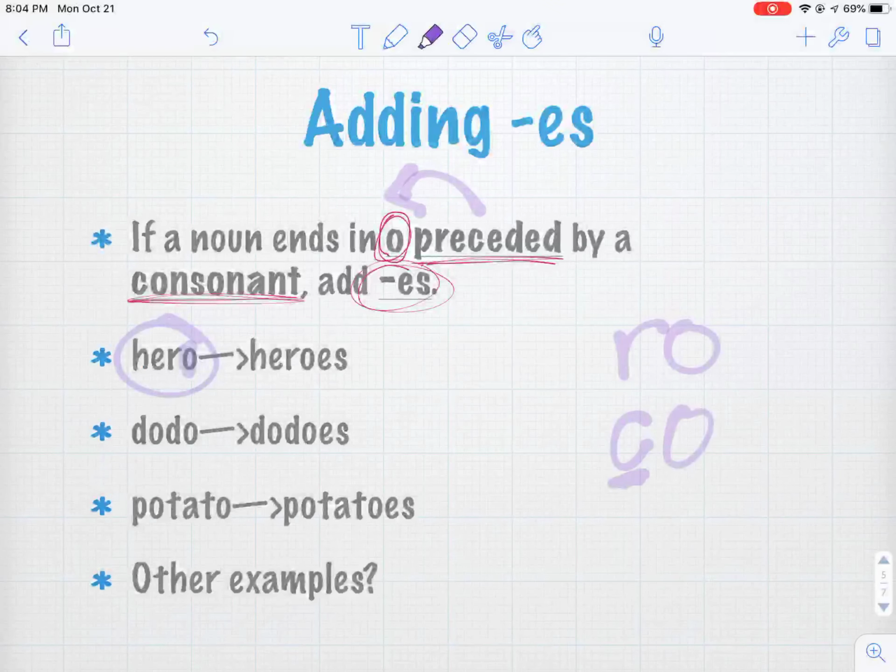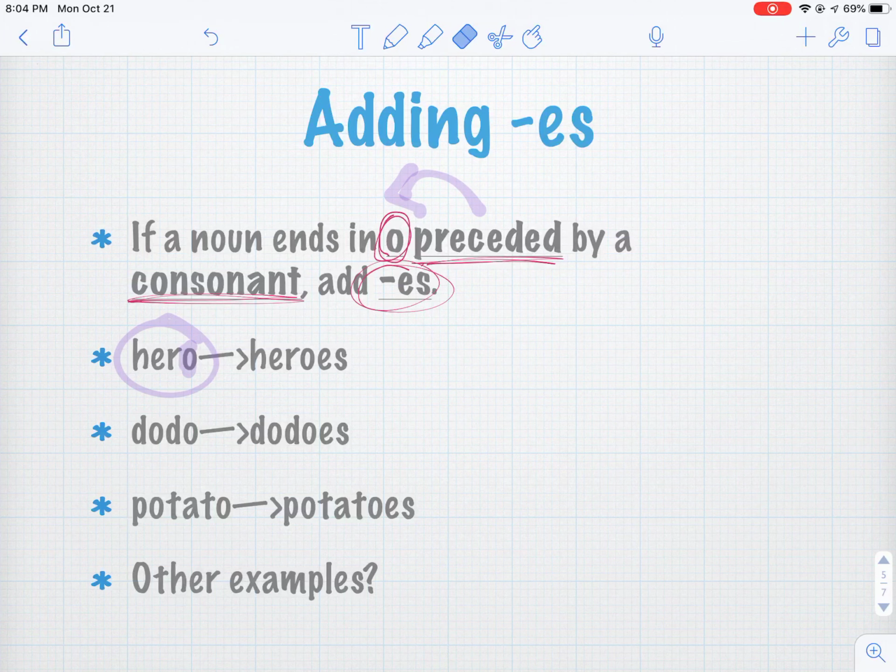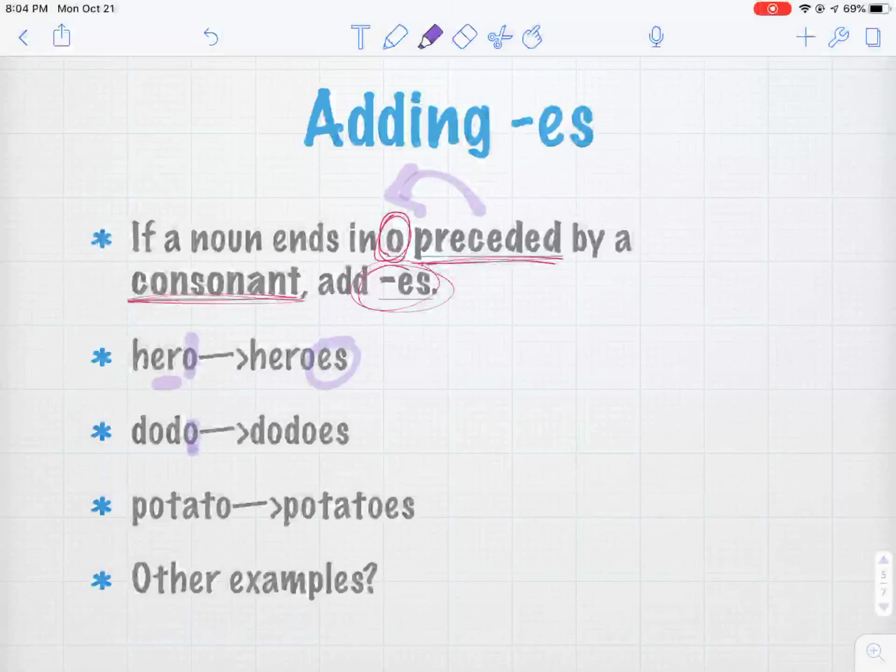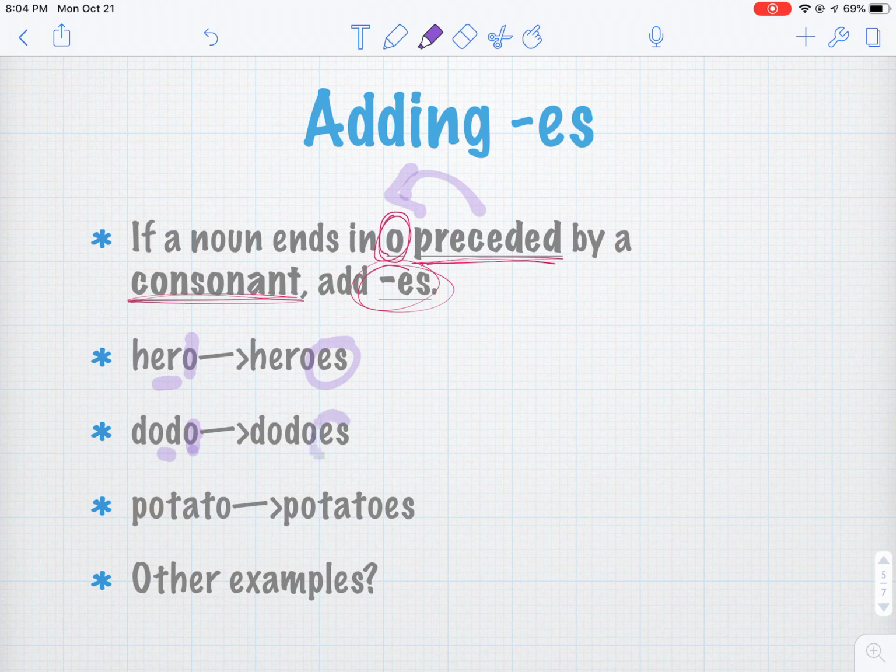If the consonant is before the O, you have to add ES at the end. So hero has an O with a consonant preceding it, so you add ES to make it heroes. Same with dodo. The O is preceded by a D, so you add ES for the plural. Same with potato, where the O is preceded by a T, you add ES.